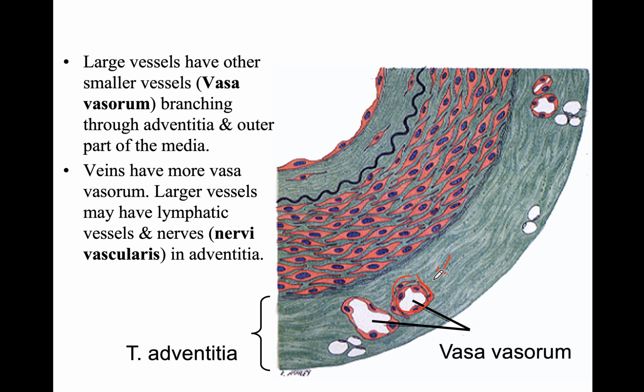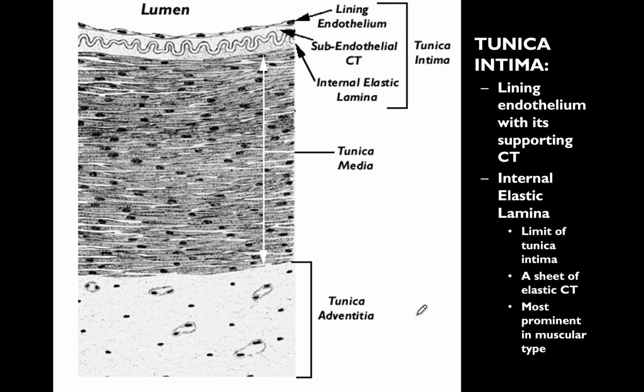These are more important in the veins than in the arteries, because in the arteries almost all of this area is supplied by diffusion, and we need only a little blood supply for the rest of the layers. Whereas the vein carries unoxygenated blood, so it needs a larger blood supply and more vasa vasorum.